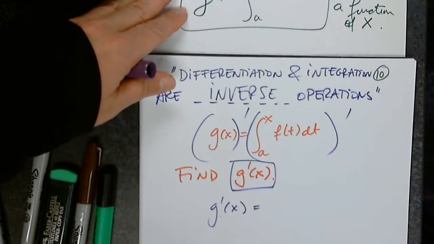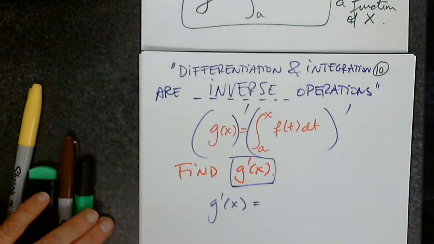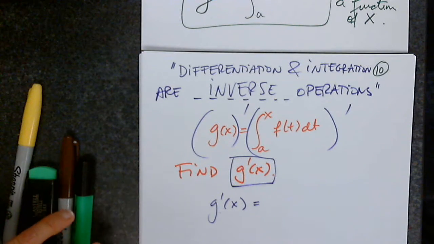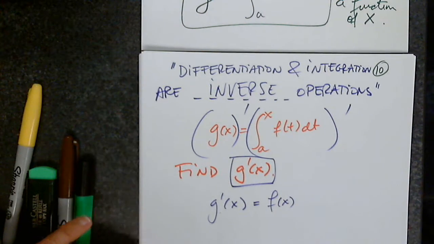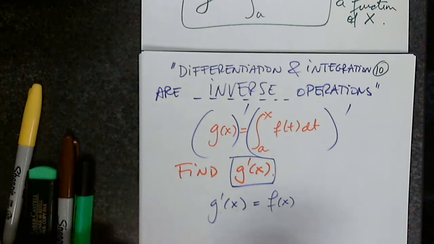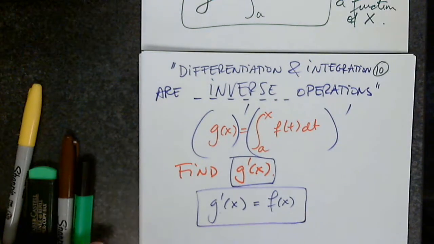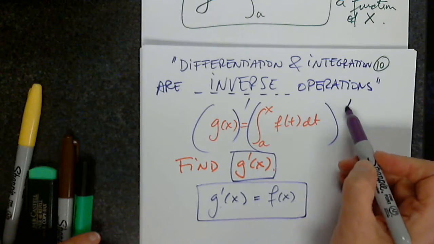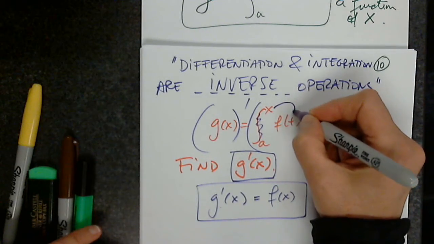What about the right-hand side? Isn't it capital F of x, or is it? No, it's just f of x. Because of course this will eliminate this and this. All we have to do is just plug in x.